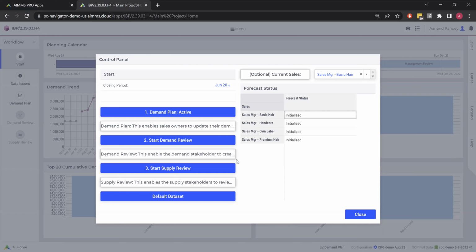Now, by selecting these filters, the specific data points related to these filters have shown up, and we can make a change to these demand values, either at a percentage level or an absolute value. So let's say that for the next few months, there is going to be a 20% increase in demand.